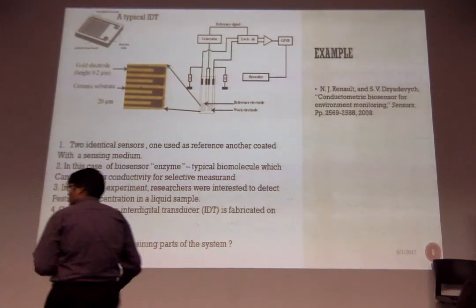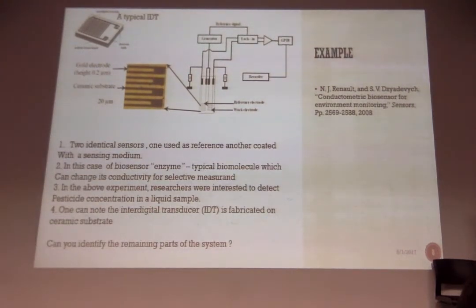In this picture, two sensors were used, similar to what I discussed, probably one was the sample they want to test and one was a reference. What they found is that any difference between these two resistances was measured through some measurement system. Just I want to ask some questions. Can you identify anything which you must probably know, a generator? Why do you think there is a generator here? What could be the meaning of this?